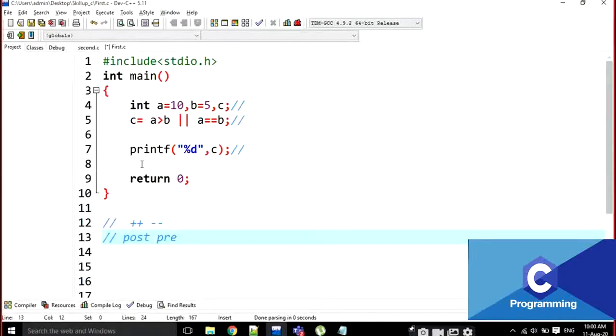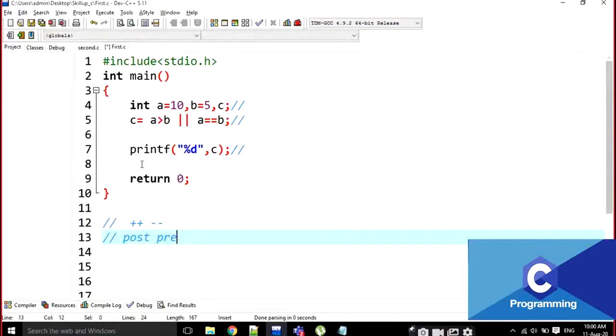Totally how many operators are there? 4. Really 2, but on behavior there are 4. They are working as 4. Pre, post, increment and decrement, 2 into 2 is 4.